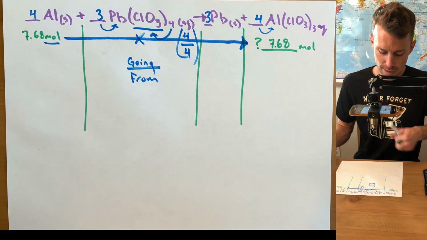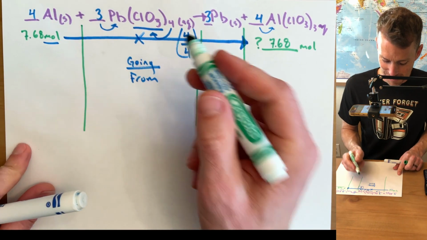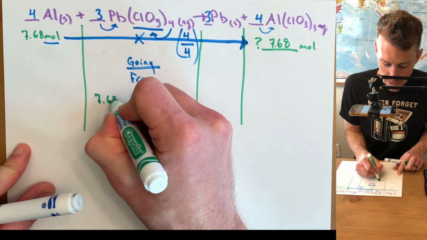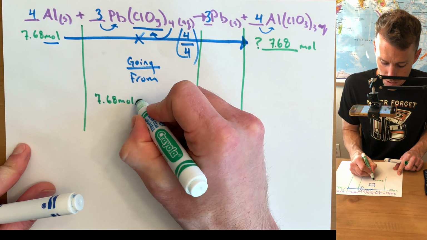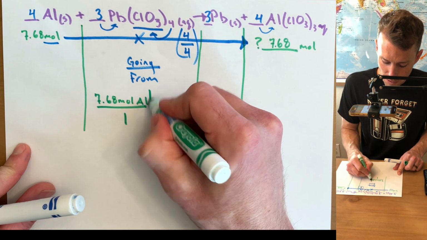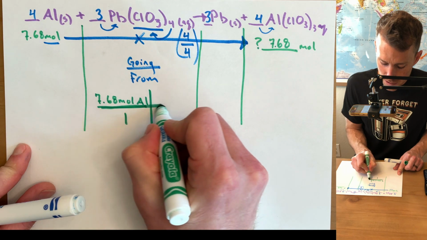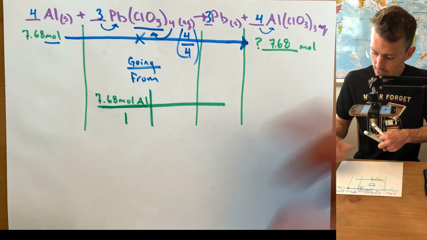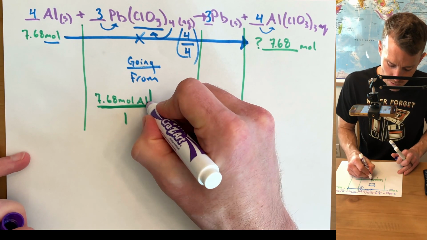this, which I require of you if you're one of my students, we need to show 7.68 moles of aluminum over 1. And we can use this fun little technique here where we just put a little line. Our first thing we want to do is always bring the units down.